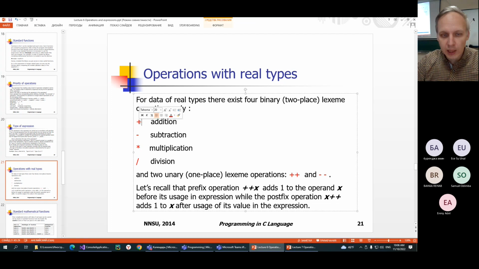For float and double, we can apply all of the usual operations: addition, subtraction, multiplication, division, and the result of the division will be real division. Also, we can apply plus plus and minus minus for real numbers.